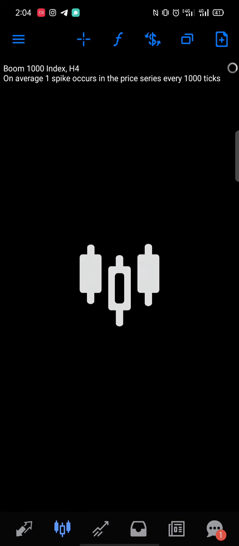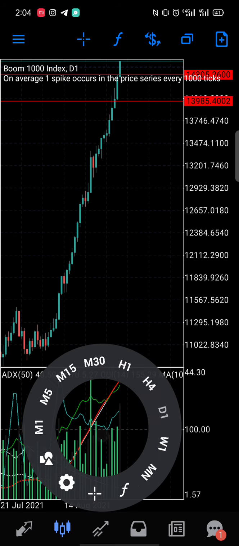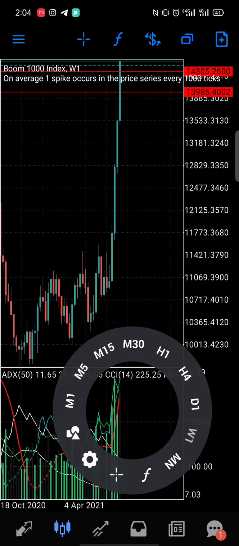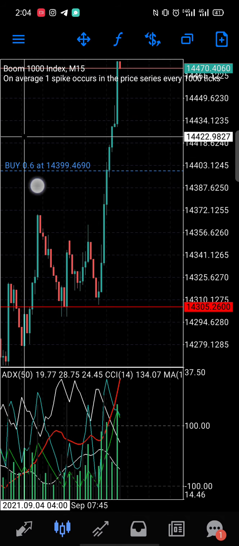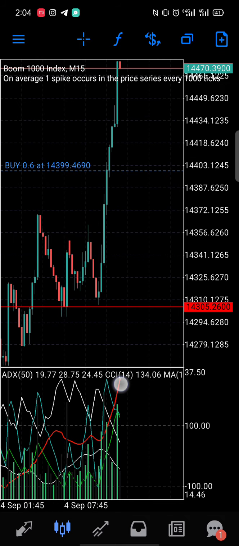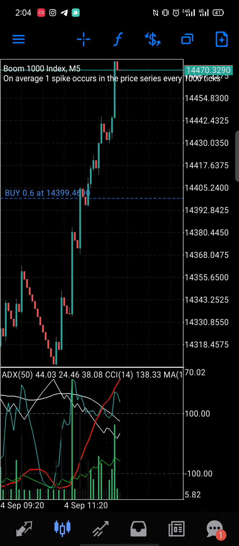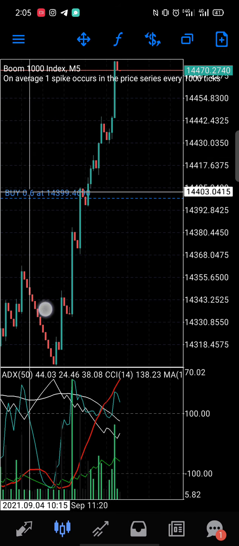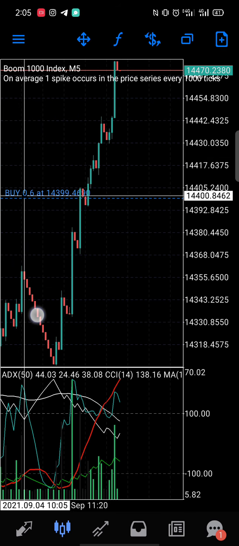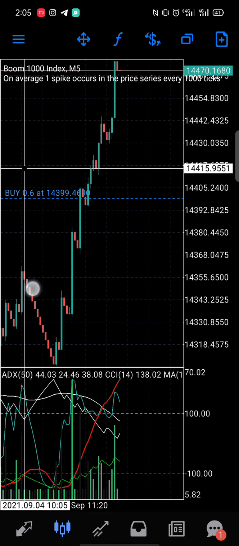As you can see, boom 1000 has been on an uptrend for long now, for days, for weeks. So I'm following the trend. What I usually do is keep my stop loss on every support level. So as soon as it spikes, I increase my stop loss. If I enter this market from here, and it gets to this point, I move my stop loss to this point.